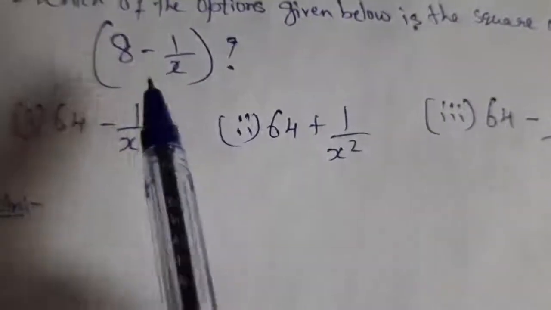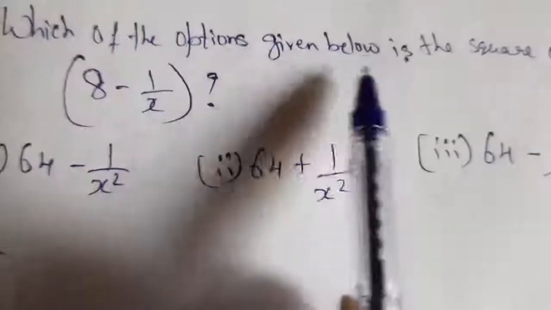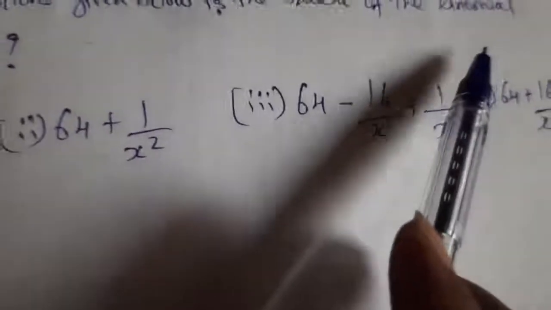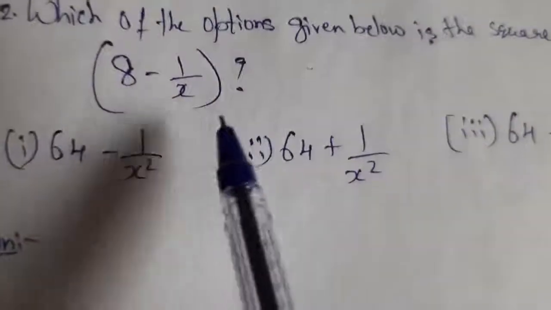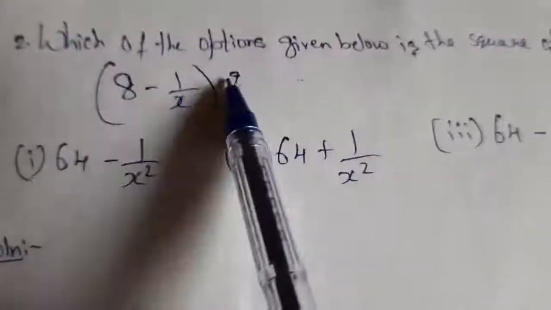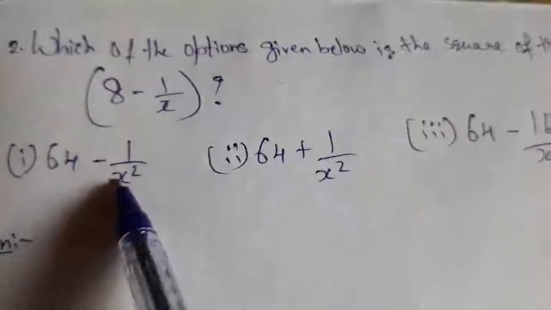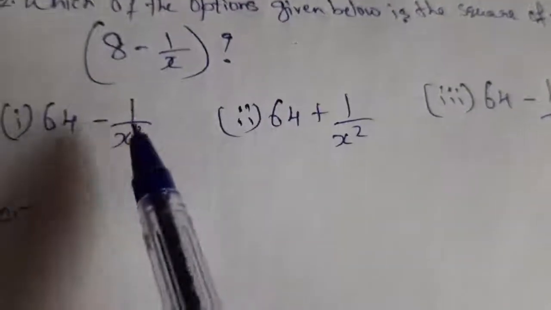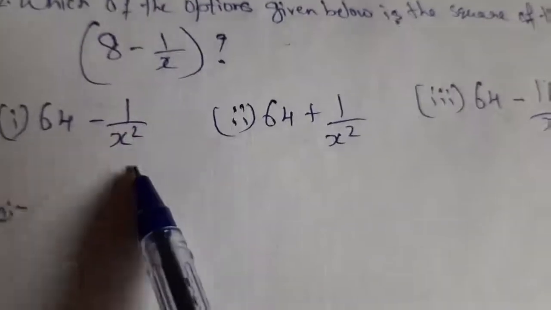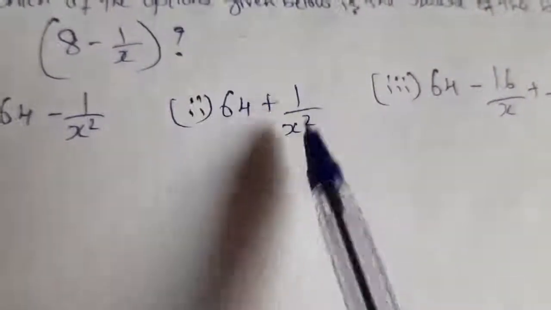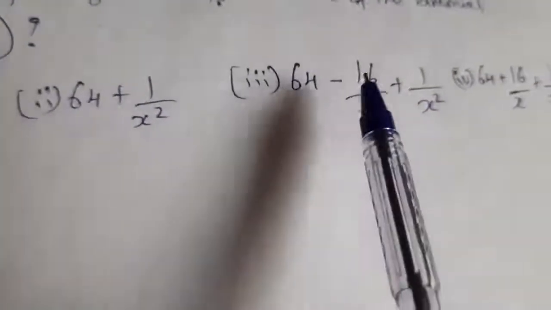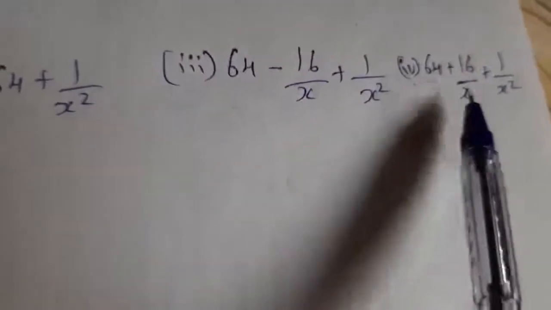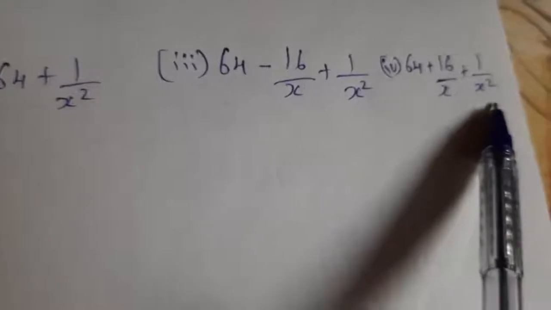Now this is a second question, children. Which of the options given below is the square of the binomial? Binomial means two terms. This is the expression 8 minus 1/x. The options are given: 64 minus 1/x square, 64 plus 1/x square, 64 minus 16/x plus 1/x square, and 64 plus 16/x plus 1/x square.